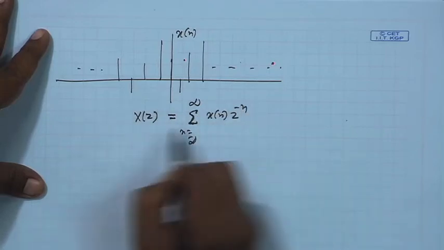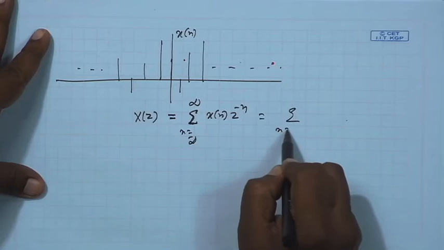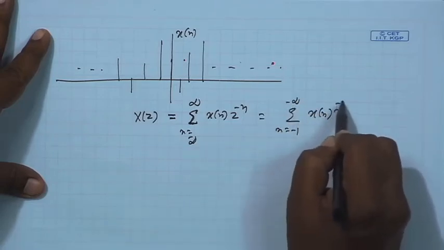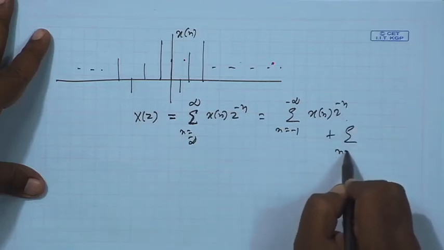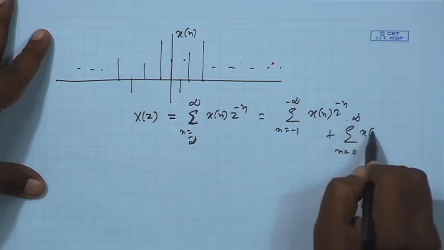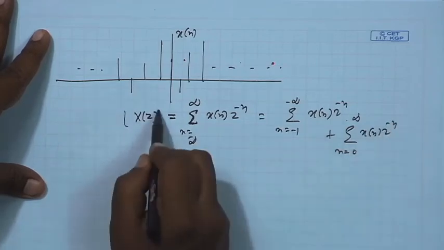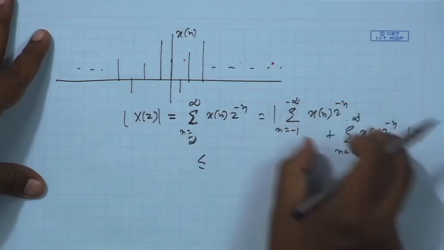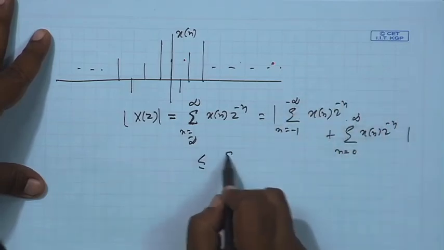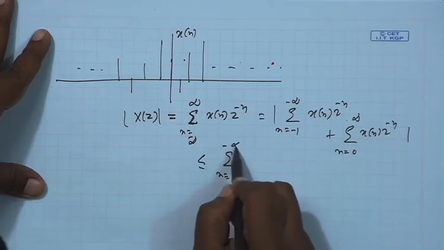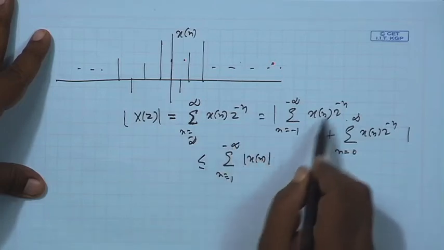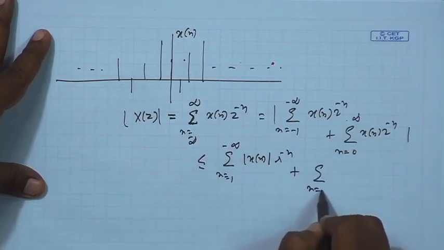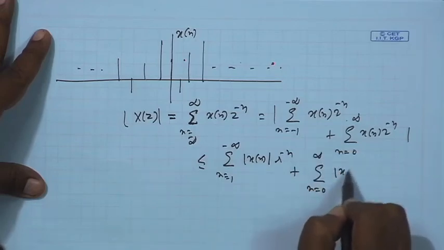Okay. And this summation will break into two parts, n equal to minus 1 to minus infinity. So, mod X(z) is this, which is less than or equal to mod of this plus mod of this, and mod of this is further less than or equal to r to the power minus n, same.